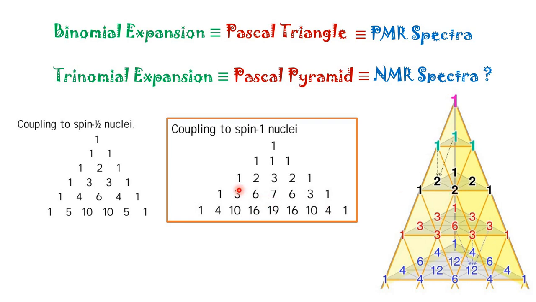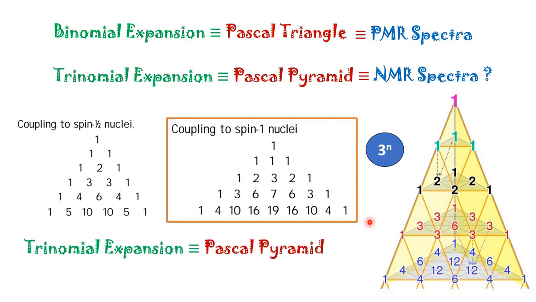Here also if you sum up, that would give you 9. But the entries are different. Here it is 1 2 3 2 1, and here it is like this. So we see that it's a failure, right? That means trinomial expansion and Pascal pyramid have their correspondence as usual, but that is not equivalent to NMR spectra.